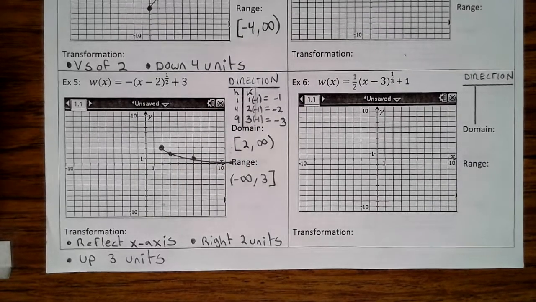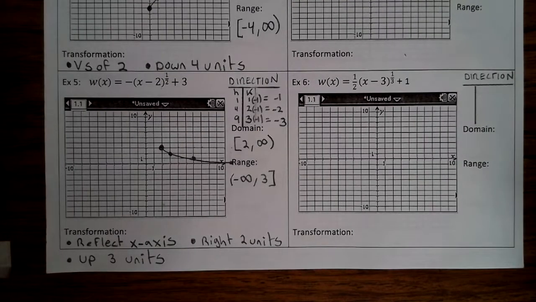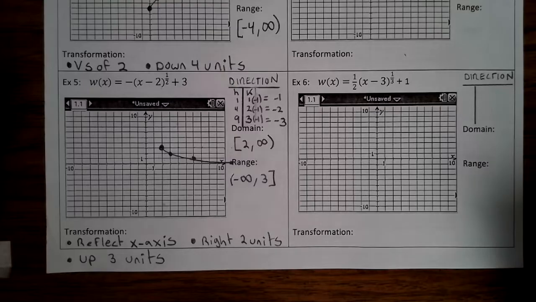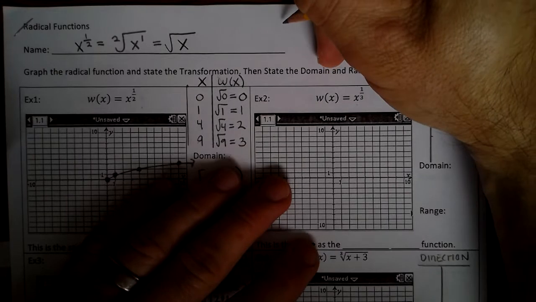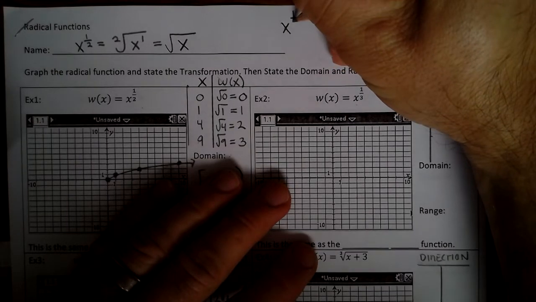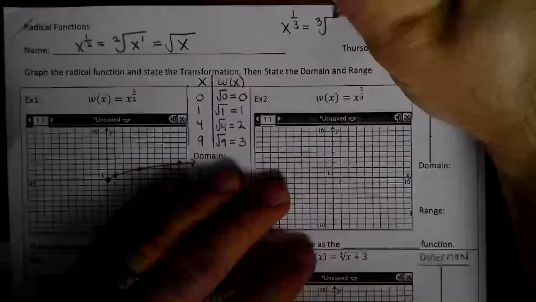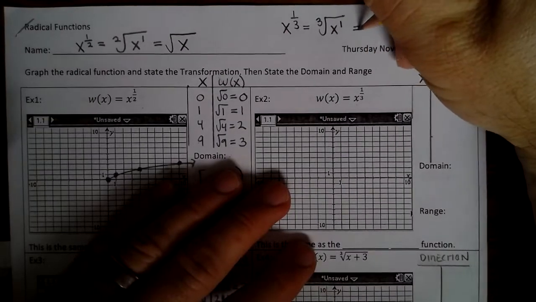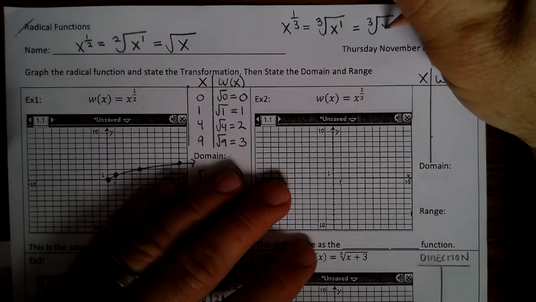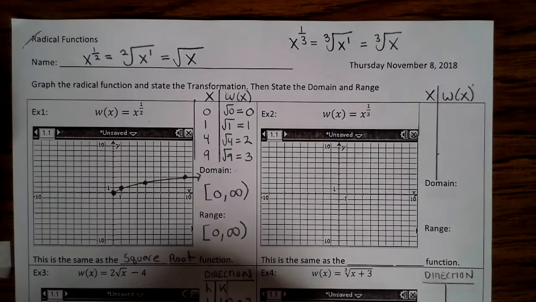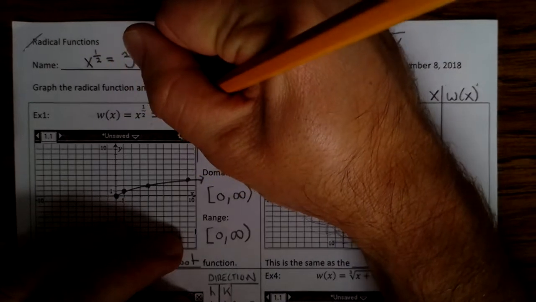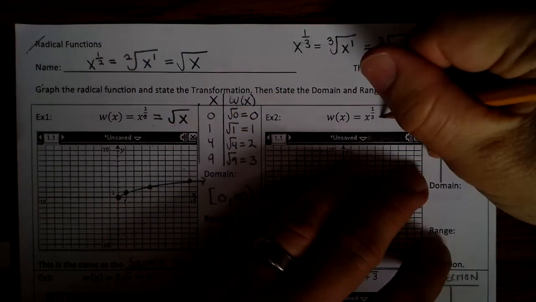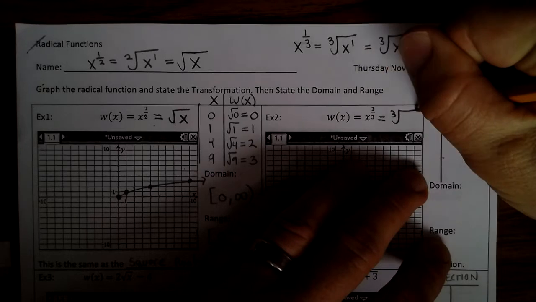Now that was all square root transformations. Now let's look at cube root transformations. We know that x to the 1/3 is equivalent to the cube root of x to the first, which is just the same as the cube root of x. Let's start with -8.